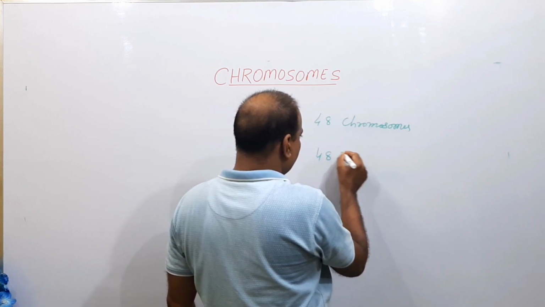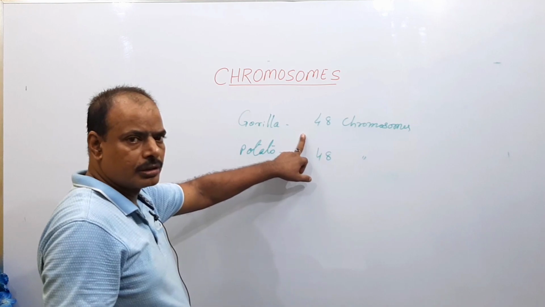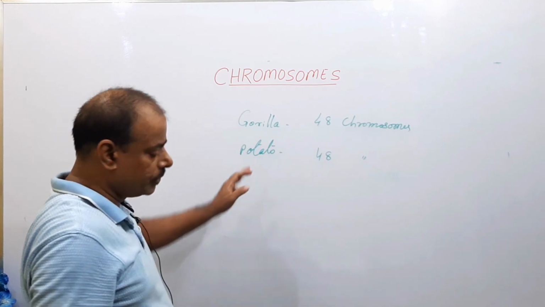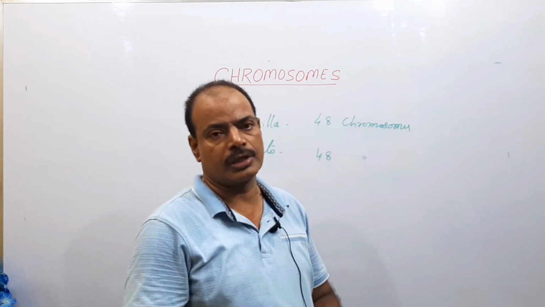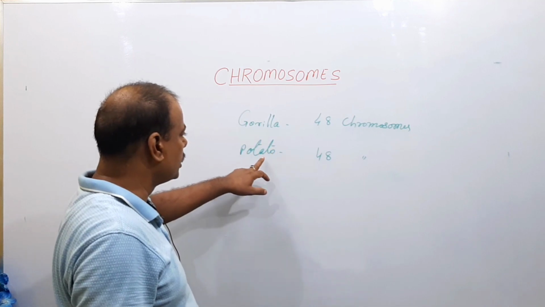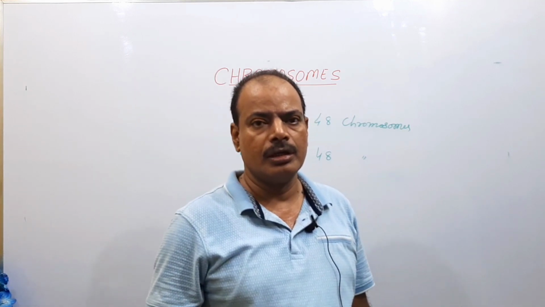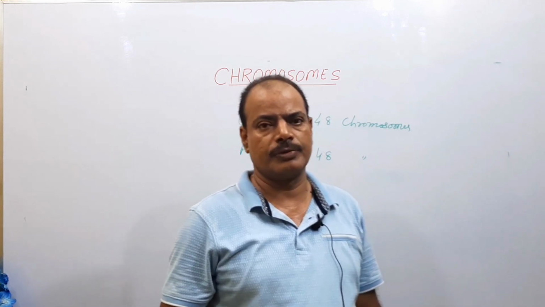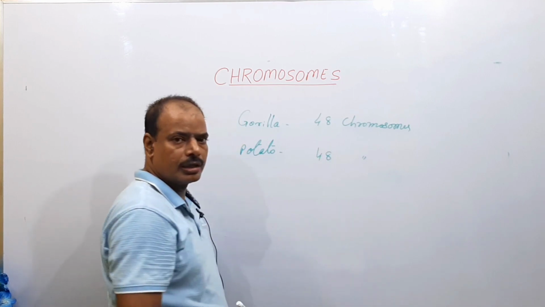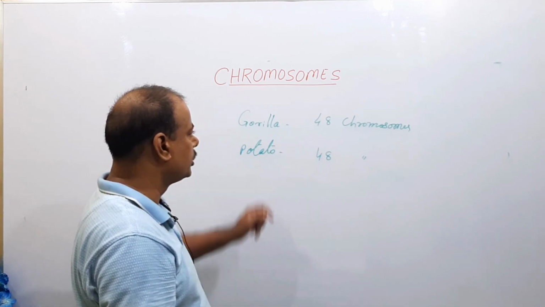It means that, on the basis of chromosomes, gorilla and potato, which are two different types of organisms, gorilla belonging to the animal kingdom and potato to the plant kingdom, have different types of genes on these chromosomes. That's why there are a number of differences between them.